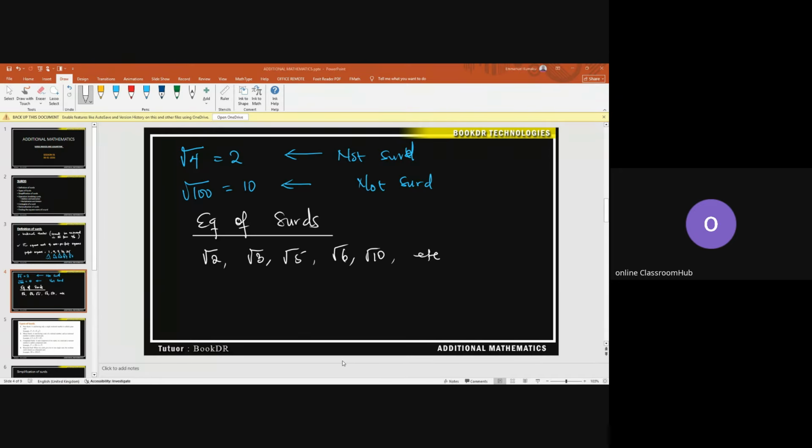A surd. So in simple terms, a surd is the square root of non-perfect squares.